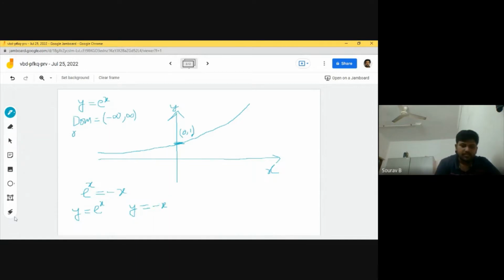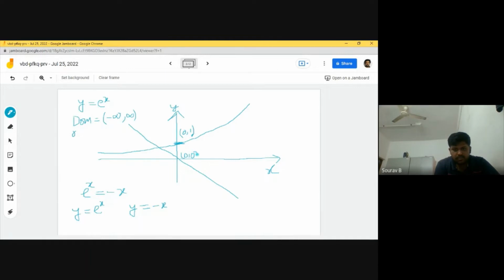The e to the power x graph is this one, and y equal to minus x is this straight line, which is passing through the origin (0, 0).